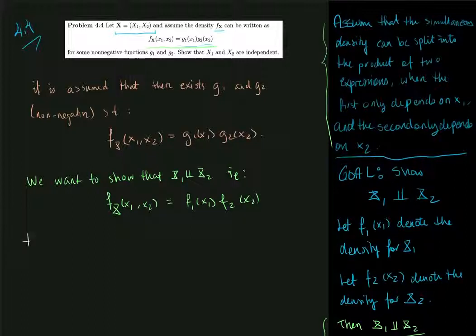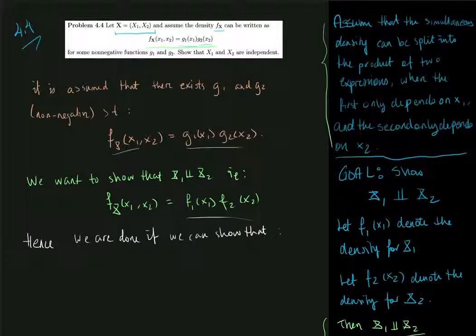Hence, we are done if we can show that g1 multiplied by g2 is equal to f1 multiplied by f2, right? Because we know that g1 multiplied by g2 is the simultaneous density, and we need to show that the simultaneous density is equal to this.